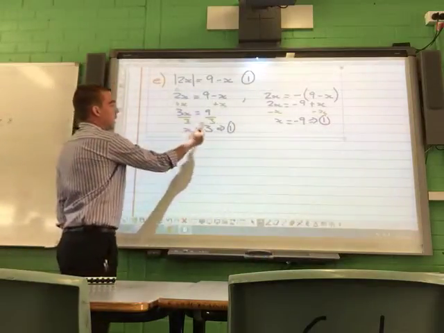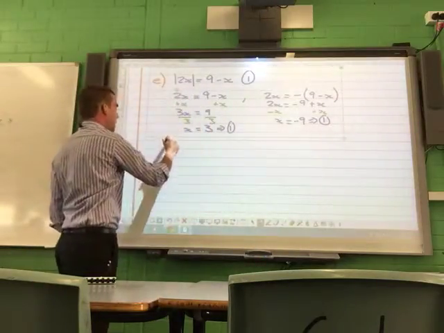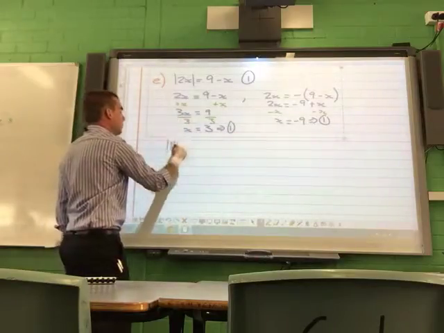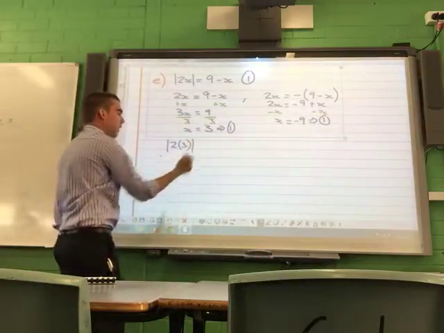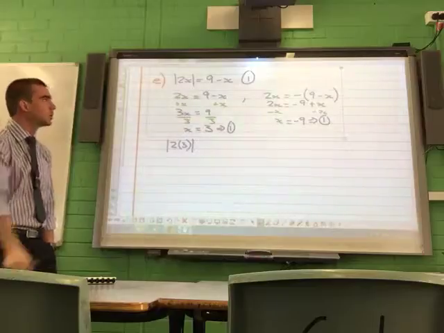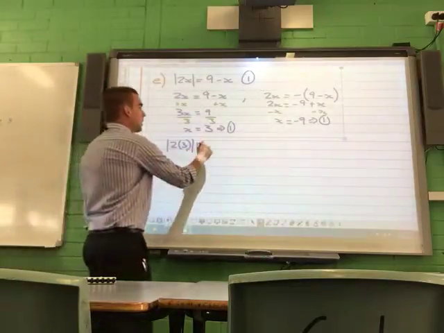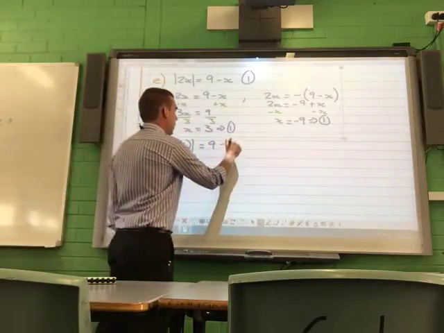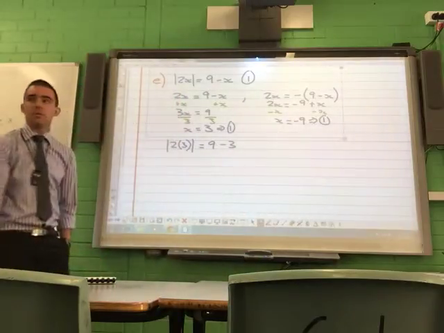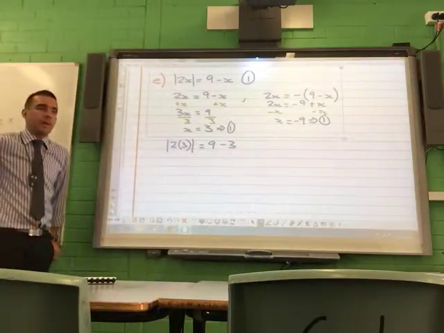So we need to substitute 3 for every time we have an x. So the absolute value of 2 lots of 3, or you can do 2 times 3 if you wish, is equal to 9 take away 3. So every time there's an x, I've replaced it with 3.